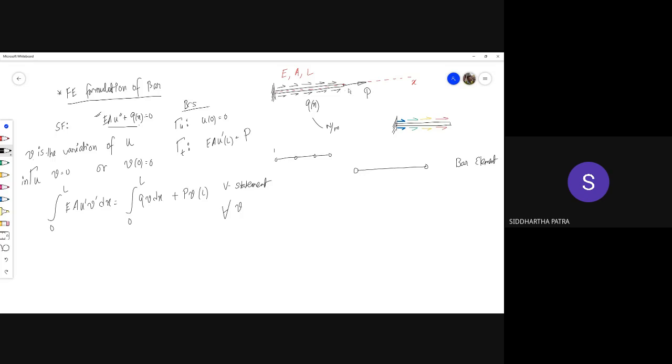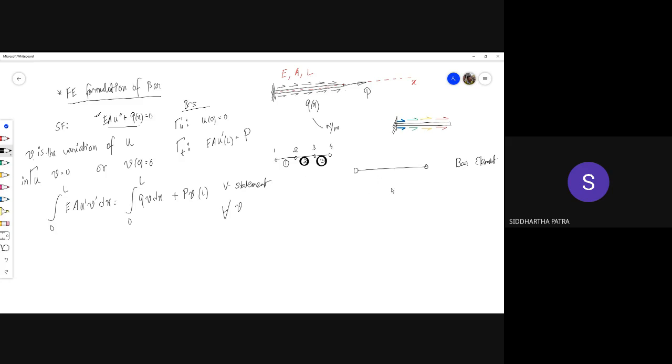Like a geometry, a line is bounded by 2 points. A one dimensional element is bounded by two nodes. Okay, so I put the element number within this circle, and the node number close to the nodes. So if I were to divide the geometry with three elements, then I would have four nodes in the mesh.